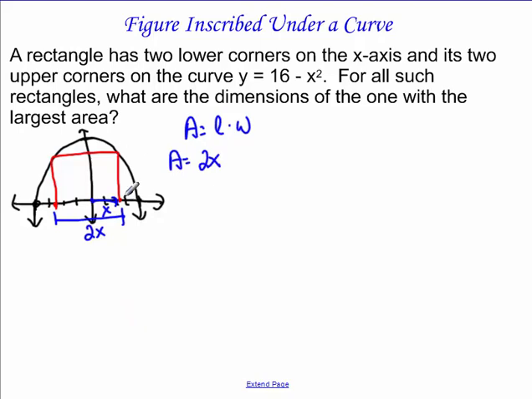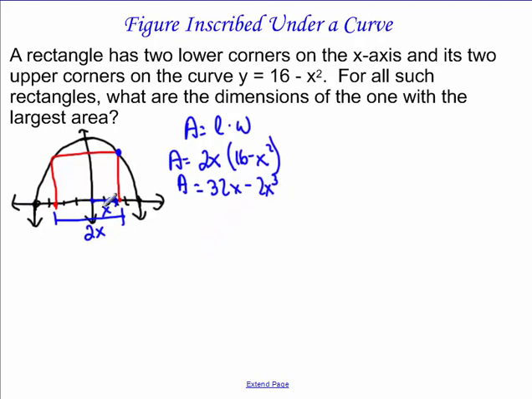Now our height would be our function value because it's a y number. So that would be 16 minus x squared. So multiplying that through, we get 32x minus 2x to the third. Okay, we've written our equation in one variable.